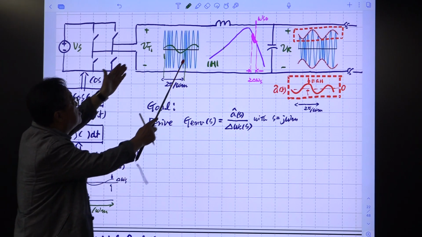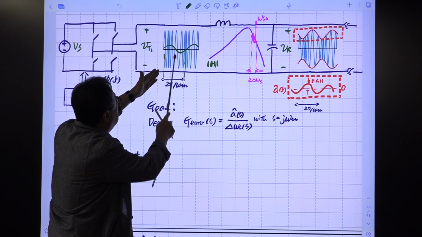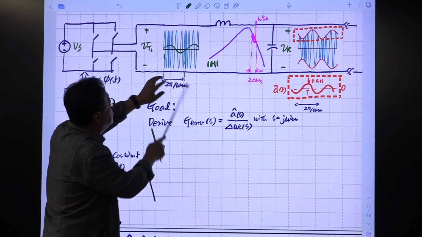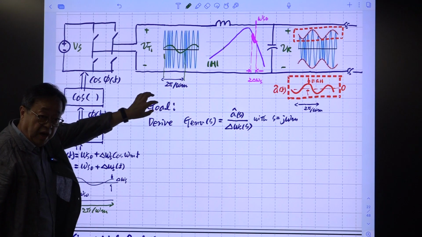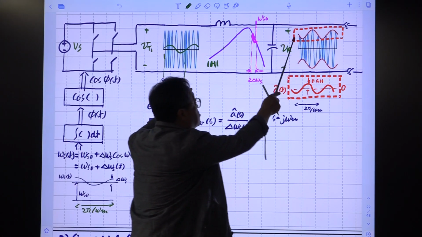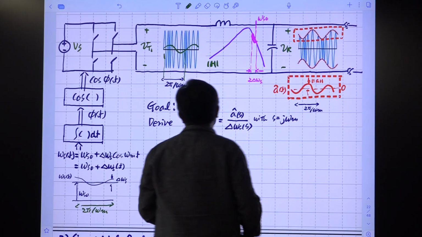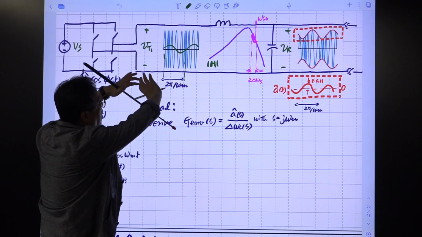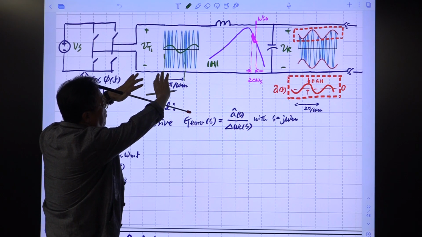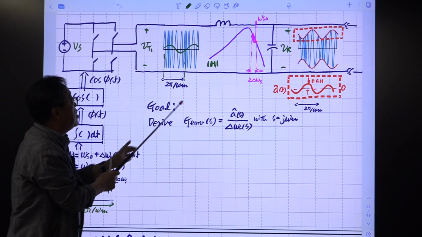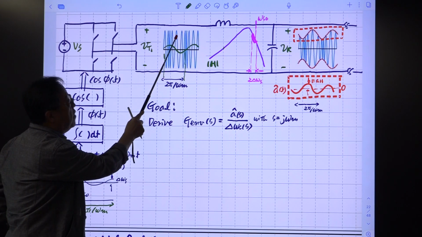So if we have this kind of waveform, then omega_m is this. So we have some value of omega_m, then this will be very reduced, something like this. Suppose you stretch this one, the cycle by cycle variation of this, what I mean is this one and this one, okay?